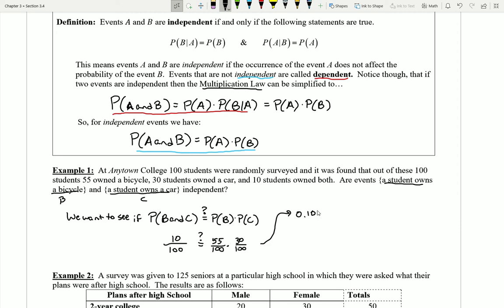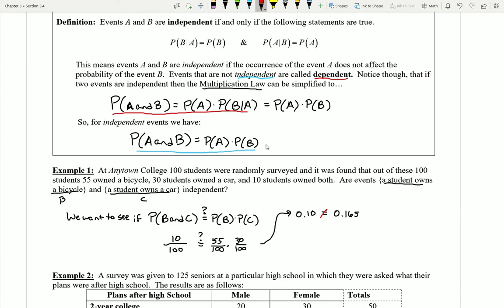Well, if I look at the decimal representation of each side, on the left I get 0.10, 10%, and on the other side I'm going to get 0.55 times 0.3. Well, if I actually multiply that out, I end up with 0.165.